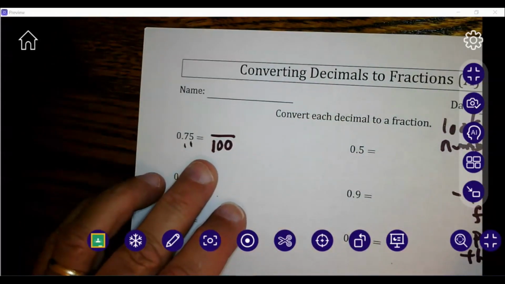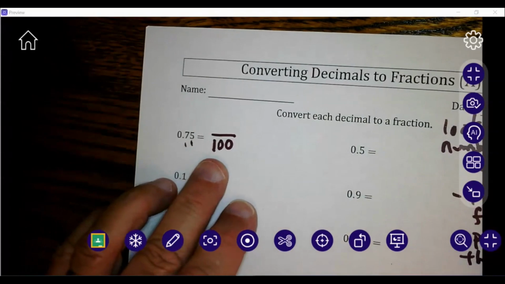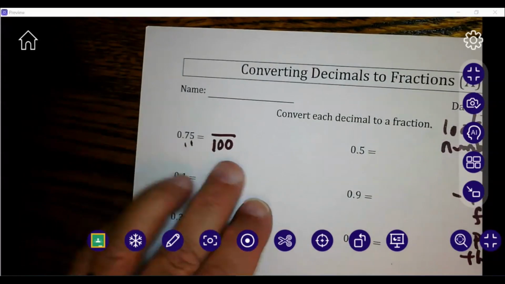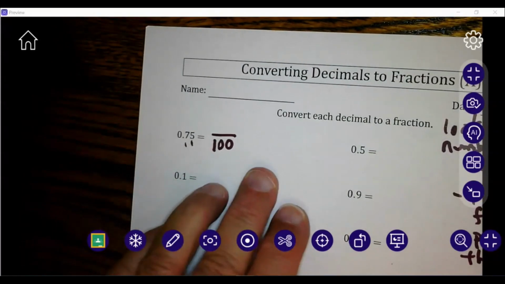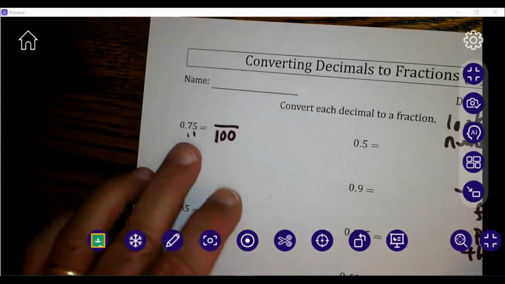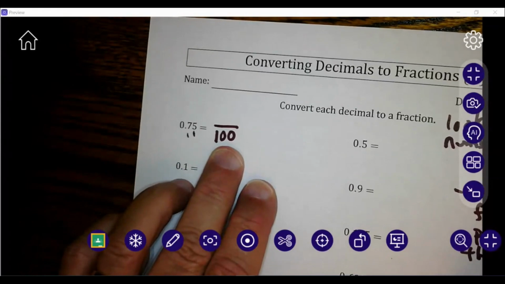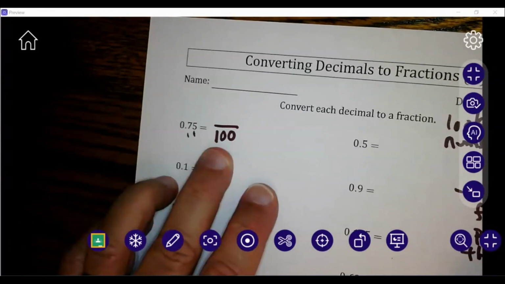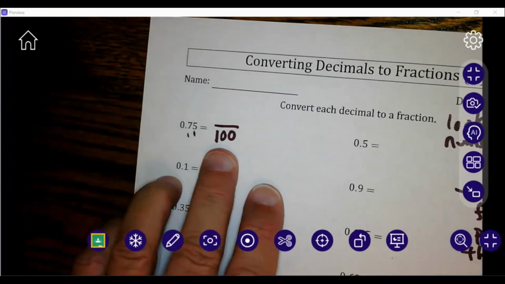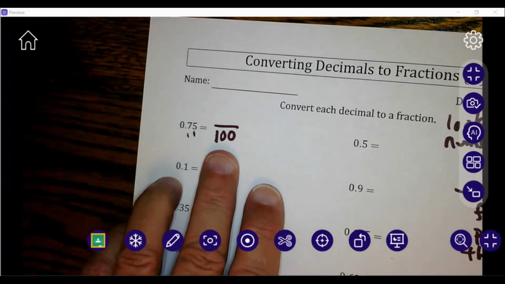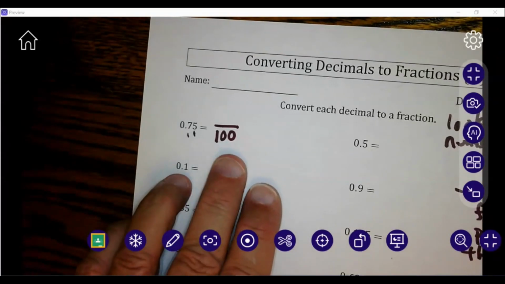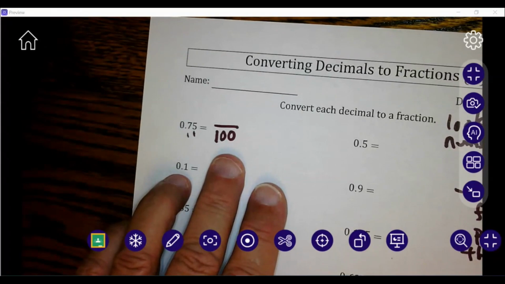Okay, so everything is in tenths or hundredths or thousandths or 10,000ths, etc. So since I have 2 decimal places, I have 2 zeros in my denominator after the 1. So everything's going to be either tenths or hundredths or thousandths.